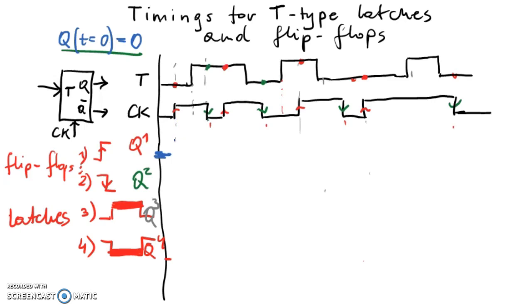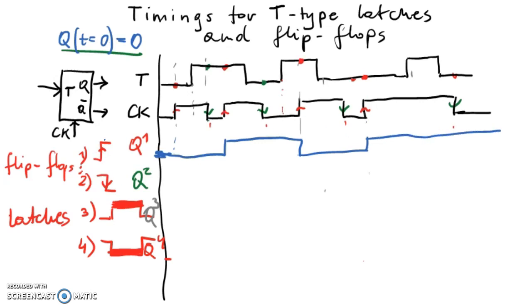We must stop and decide to change or not to change. 0 on T means don't change its state. 1 on T, change to the inverted one. Yes. Change again, and no change here. And this is the first case for rising edge triggering.